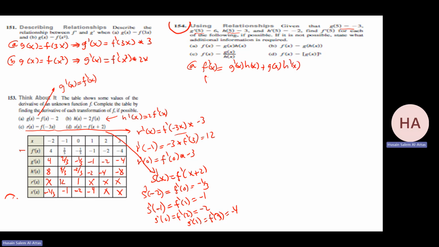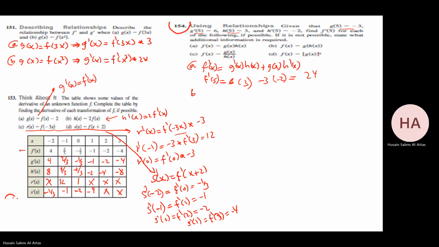What will be f prime at 5? I just substitute. G prime at 5, which is 6, times h at 5, which is 3, plus g at 5, which is -3, times h prime at 5, -2. So that gives me 18 plus 6, 24.